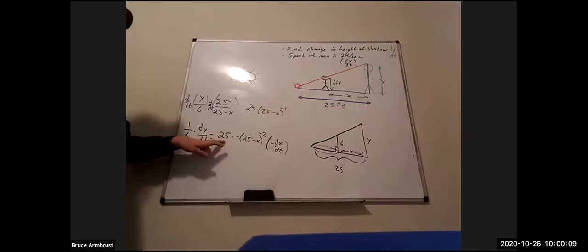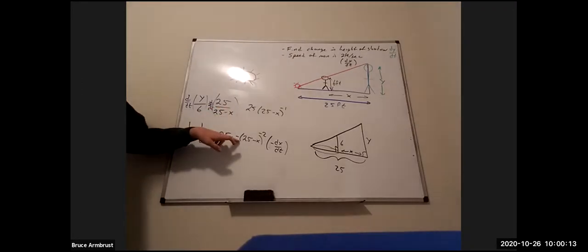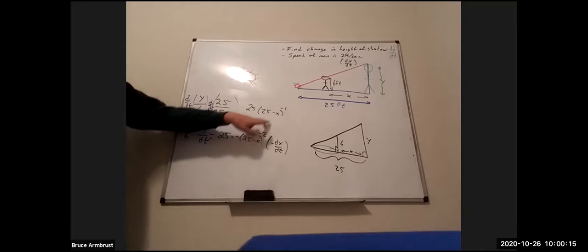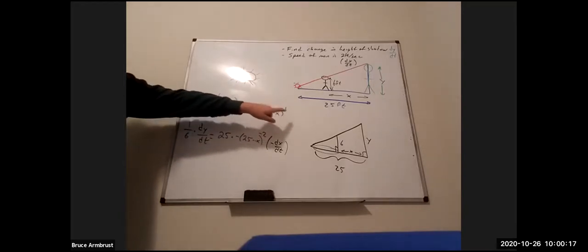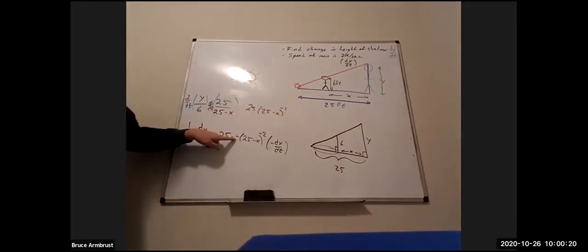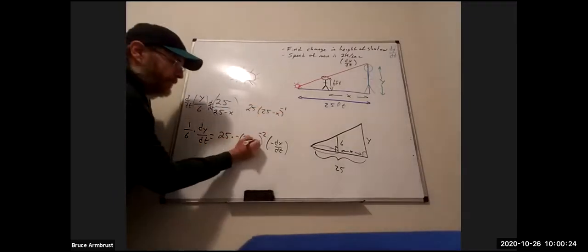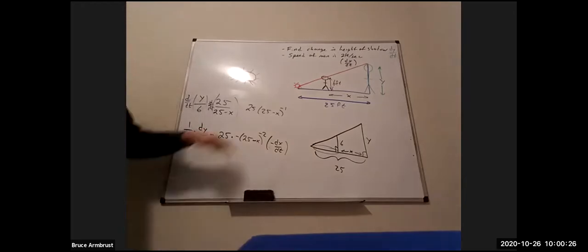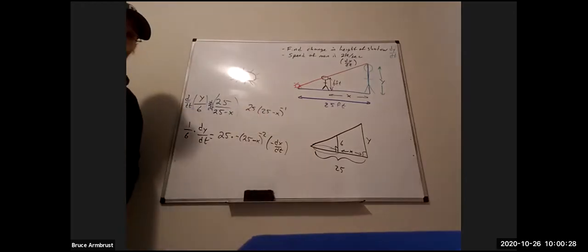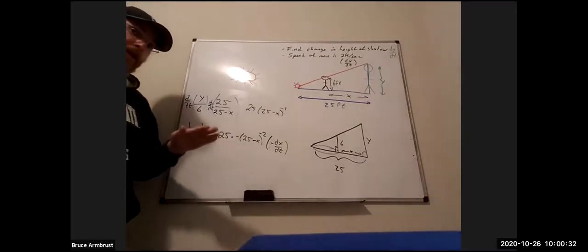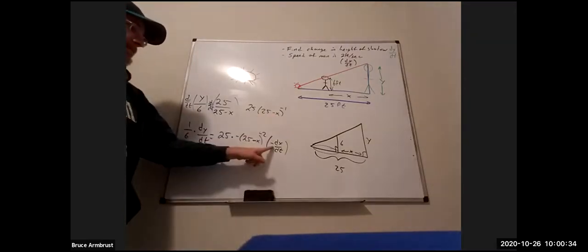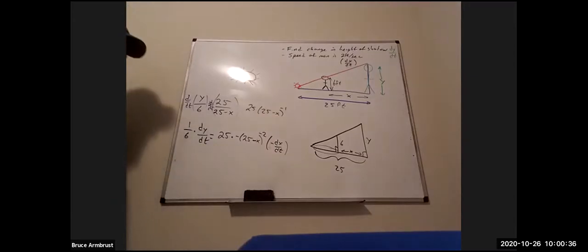The first 25 is the constant multiple. The minus (25 minus x) to the -2 is just the general power rule, right? The exponent comes out front as a multiple, decrease it by 1. And then we had to do the chain rule, which is differentiating 25 minus x. 25 is a constant being added, so it goes away. The minus x gave us the minus dx/dt.